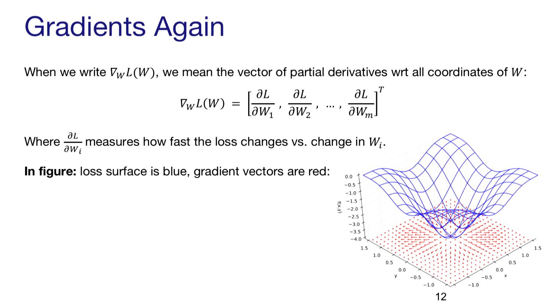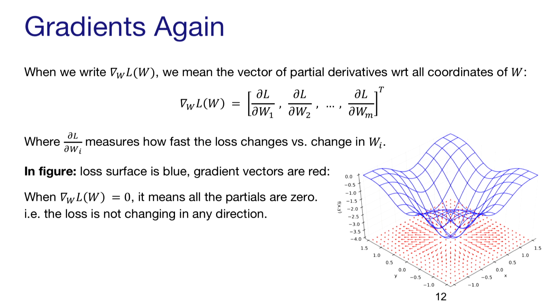The gradient vectors are down in this xy plot shown in red as arrows, and the blue is the surface. So when the gradient is 0, basically that means it's a location where all of the red vectors are 0, and that means that the function is not changing in any direction.